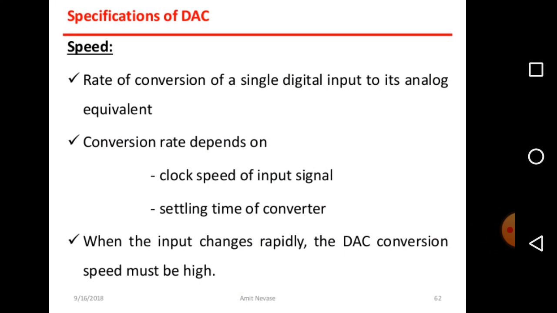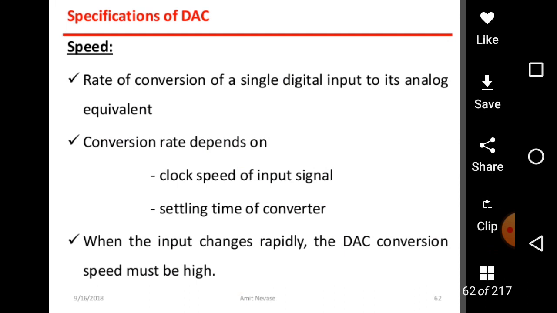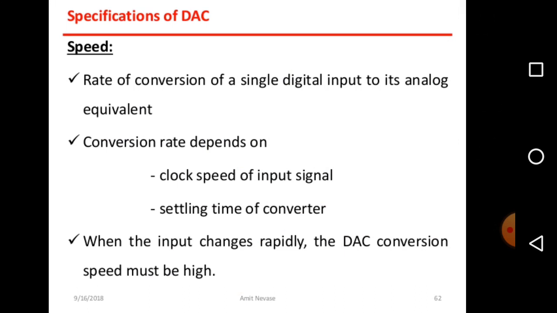Conversion rate depends on the clock speed of the input signal and the settling time of the converter. When the input changes rapidly, the DAC conversion speed must be high.